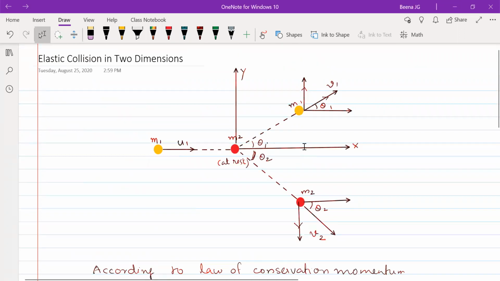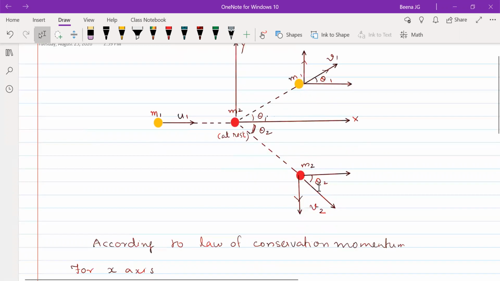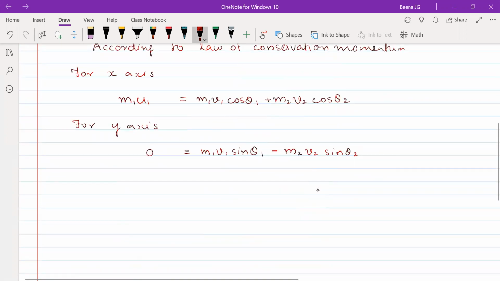Now we will think about the conservation of kinetic energy. Considering the conservation of kinetic energy, we will frame the equation. And remember, kinetic energy is a scalar, so we don't have to go for components. We can directly write it.